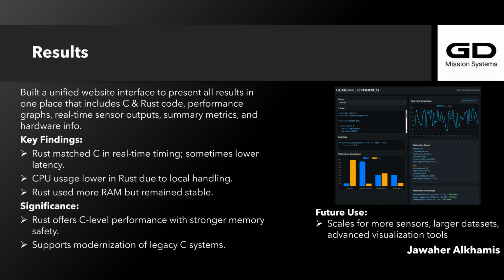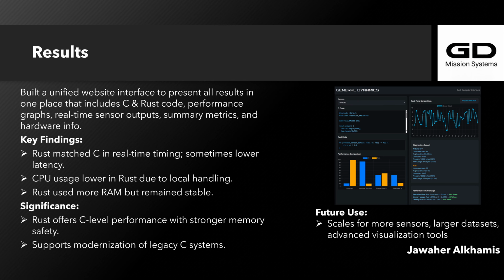Additionally, CPU usage turned out lower in Rust because more functions were handled locally rather than through callback libraries. However, the main difference appeared in RAM usage, where Rust required more memory due to its larger binary size and additional files needed to execute the program. Even with this overhead, overall performance remained highly stable.